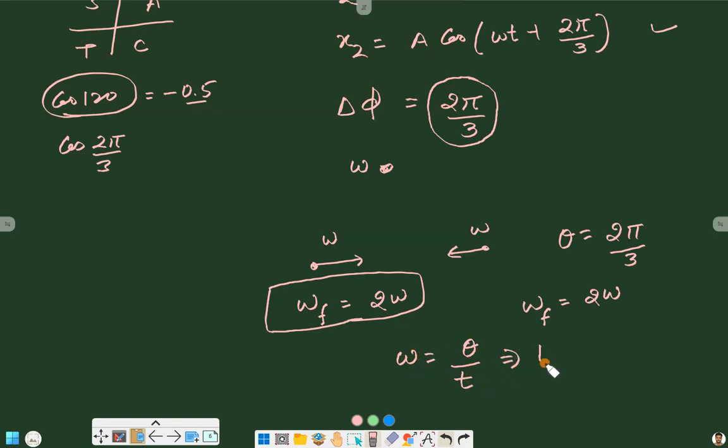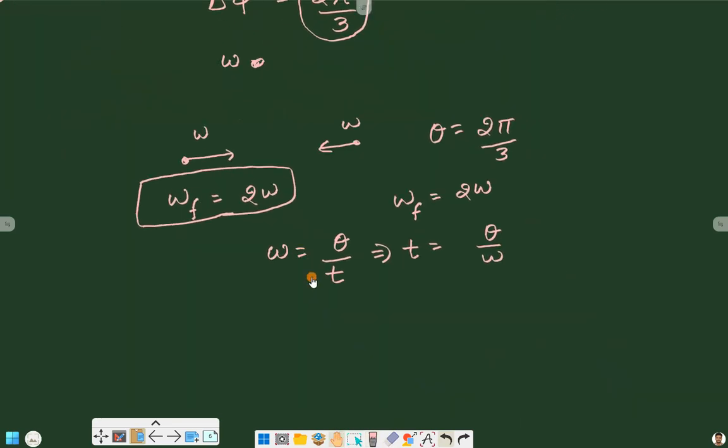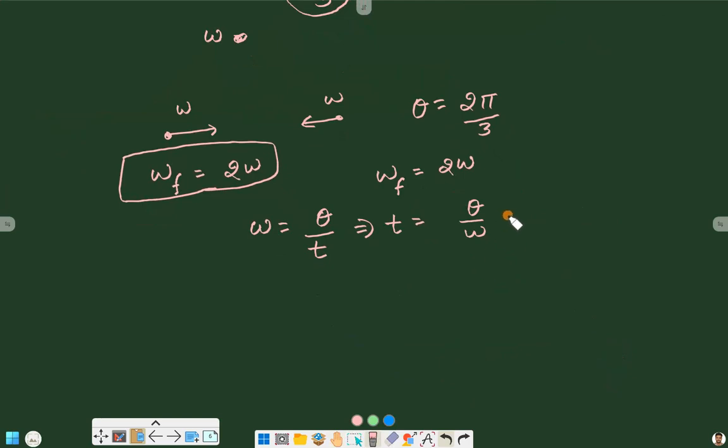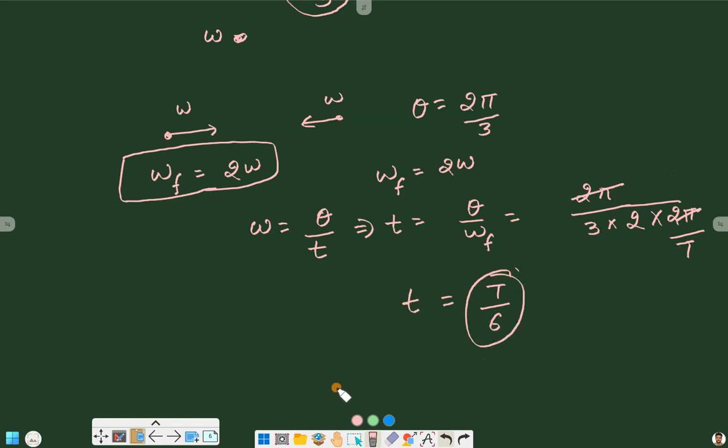So time we can calculate easily because we know that omega is given by theta by time. So time will become theta by omega, where theta is 2 pi by 3 and we have twice omega. So we write omega final, twice of omega, and omega is given by 2 pi by T. So 2 pi gets cancelled, and we will get small t equal to T by 6.